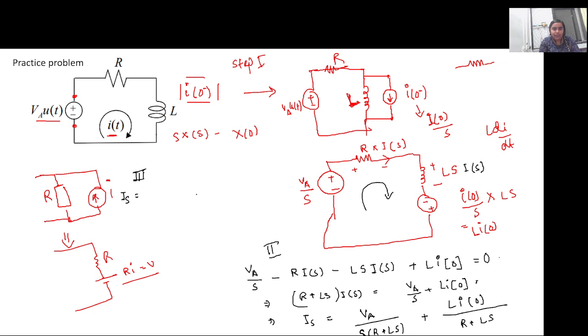How can we convert it back? Let us write it in terms of partial fractions so that the s and the R plus Ls terms get separated out. V_A is outside, so maybe I'll take it to the next page.